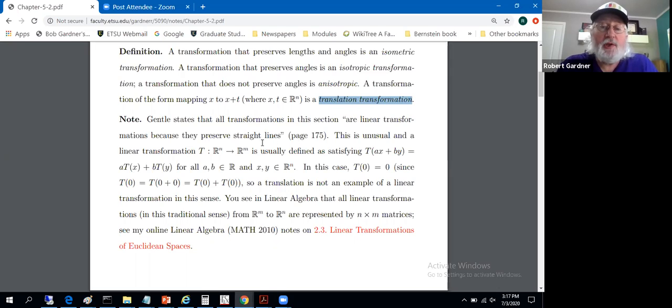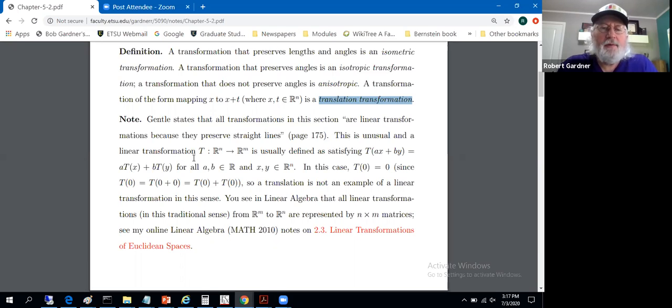I'll agree with Gentle. Yeah, if you take a line and translate it, it's still a line with the appropriate interpretation of standard position. But translations are not linear transformations in the following sense. This idea of preserving lines, that's unusual.